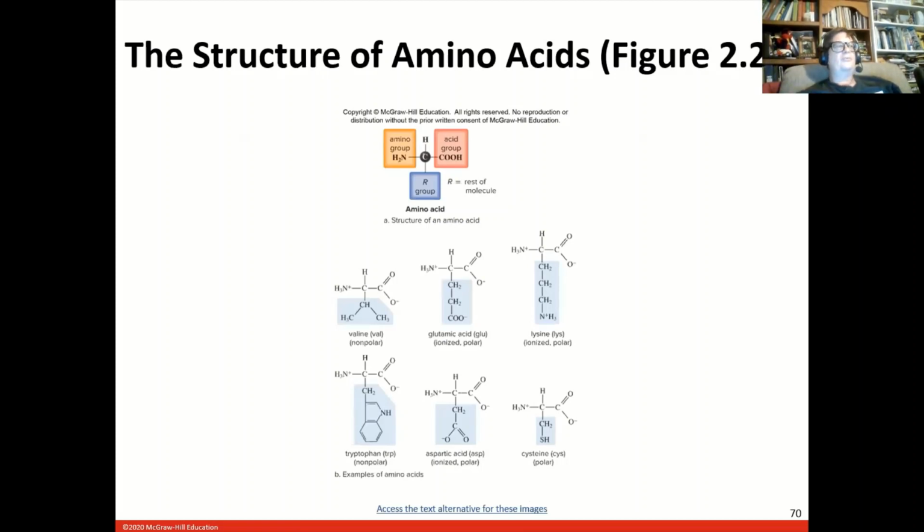This is important because the polar molecules want to be near water, and the nonpolar want to be away from water. Transmembrane proteins, proteins that go across the membrane, are going to have an end that has a lot of polar amino acids, an end on the other side with a lot of polar amino acids, and in the middle, a lot of nonpolar amino acids.